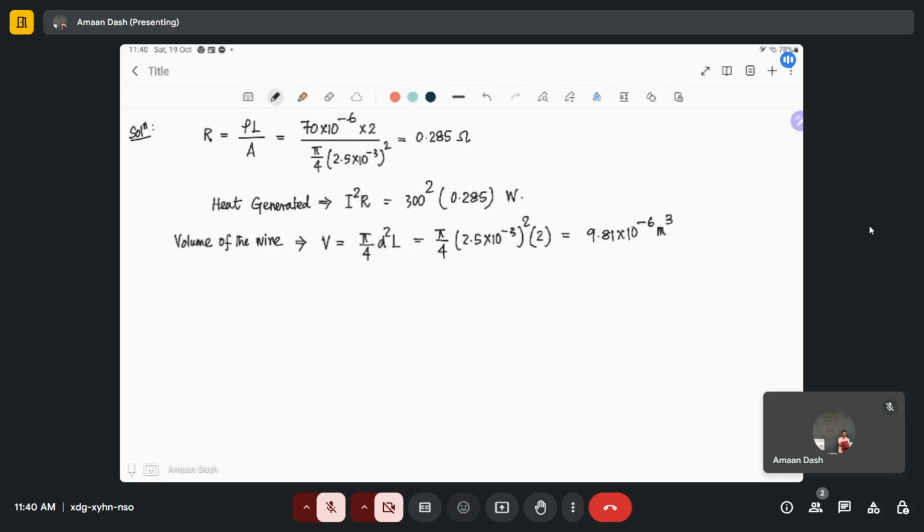So you can calculate the heat generated per unit volume.